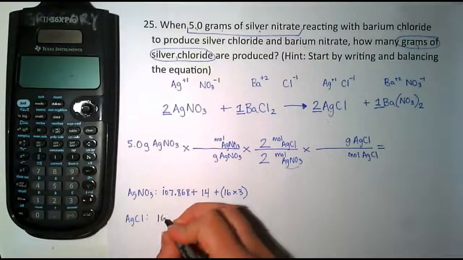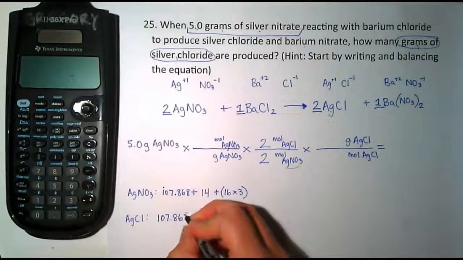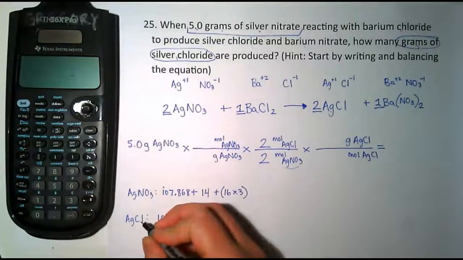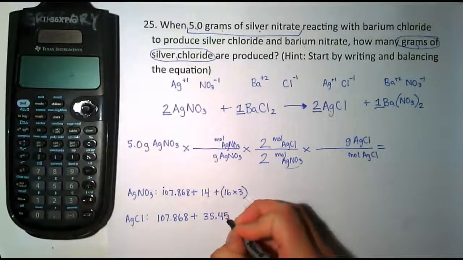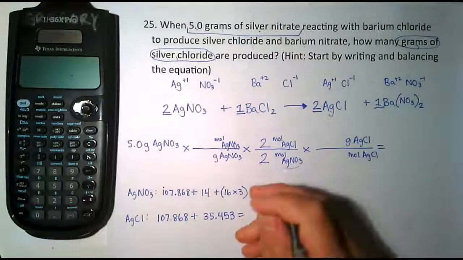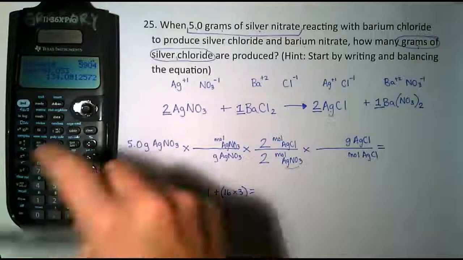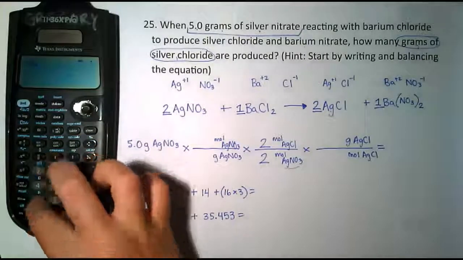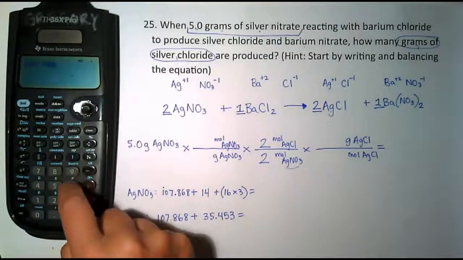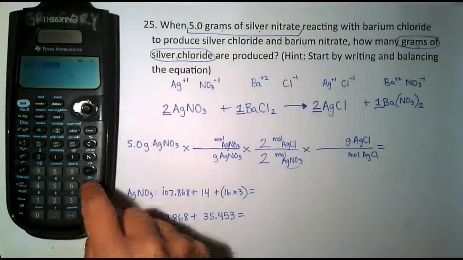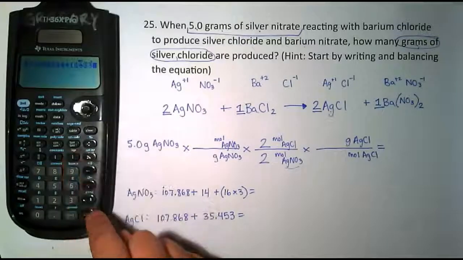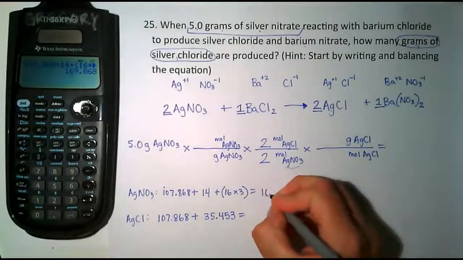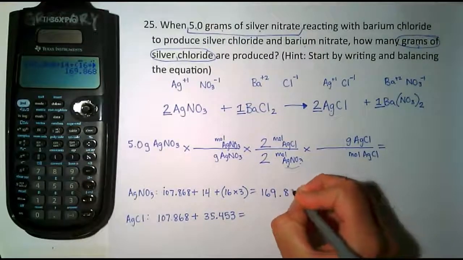Silver, we said, is 107.868, and chlorine is 35.453. So we're adding all these up using our calculator, so let's do 107.868 plus 14 plus 16 times 3, which gets us 169.868.